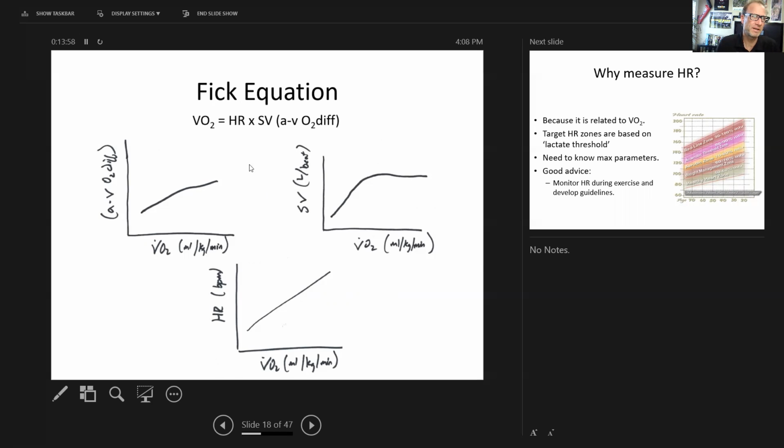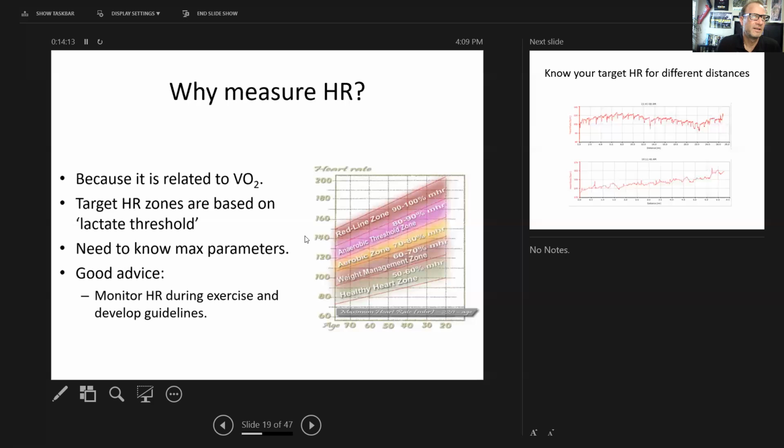So keep in mind that VO2 is a function of these three things, but we typically only measure one, and we measure one because these other two are relatively predictable in general during steady state submax exercise.